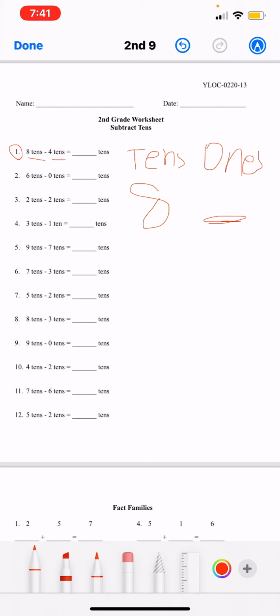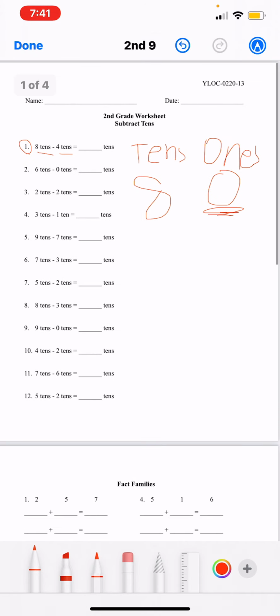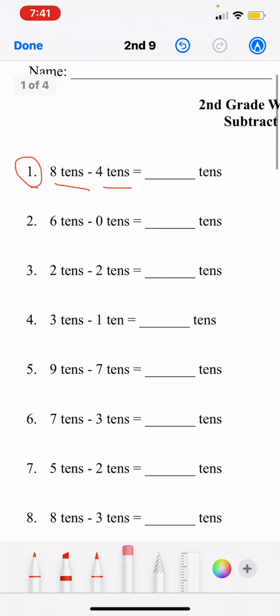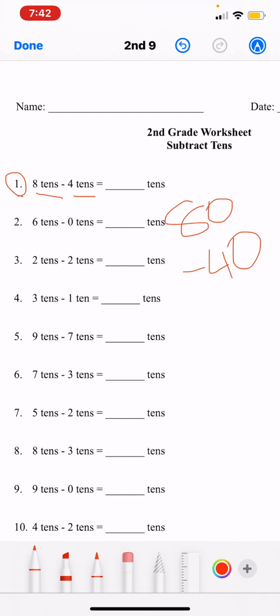So we are just going to put a 0 automatically. So then 8 tens would be 80. So 8 tens minus 4 tens is basically saying 80 minus 40.